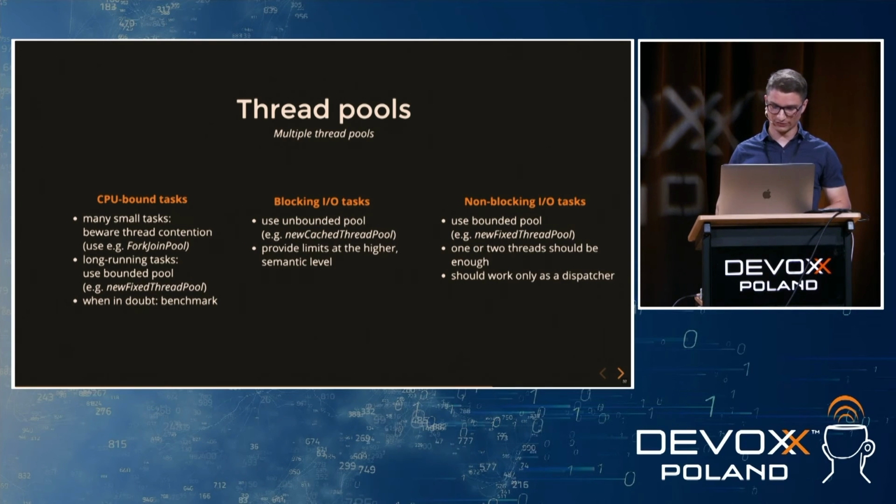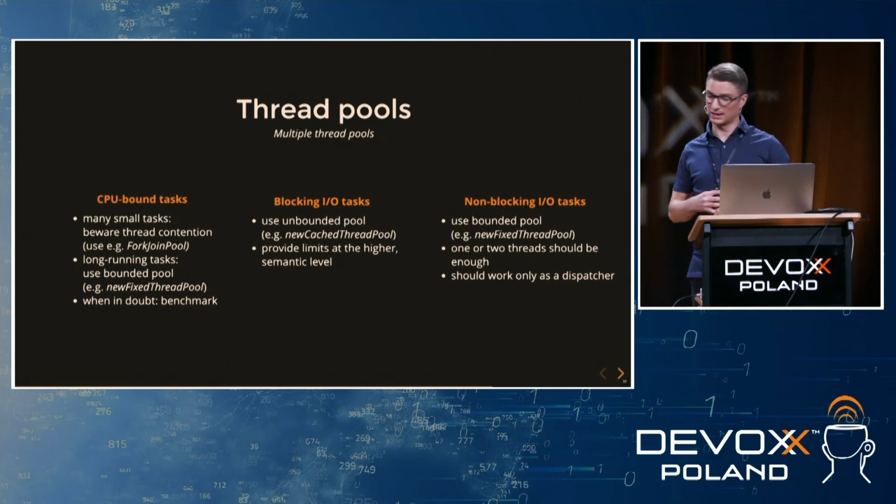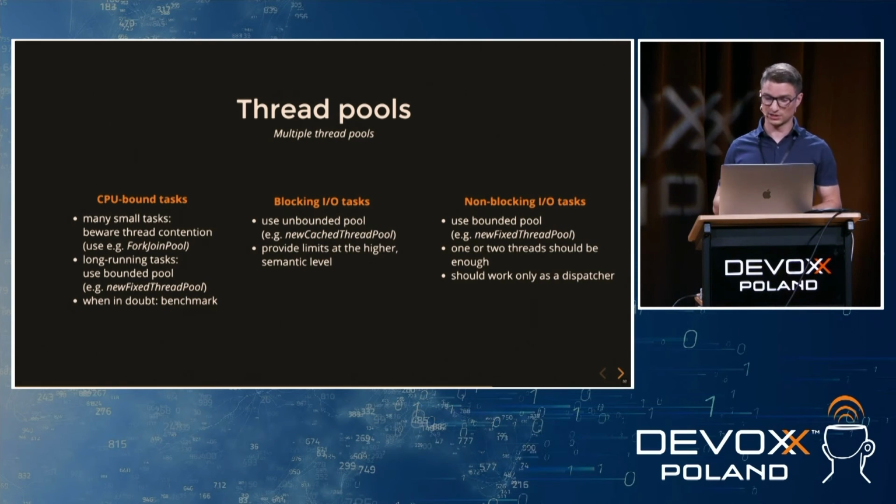The second question you have to answer is, are my tasks short running or long running? If they are long running, you shouldn't be using fork join pool. Why? Because fork join pool, seeing such a long-running CPU-bound operation, will think that you are performing a blocking I/O call.